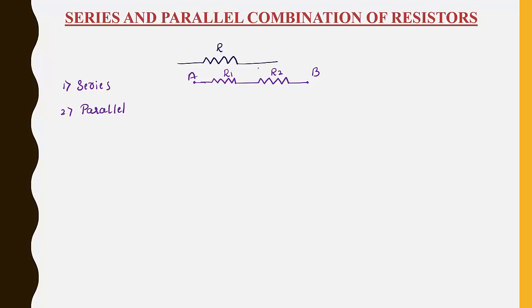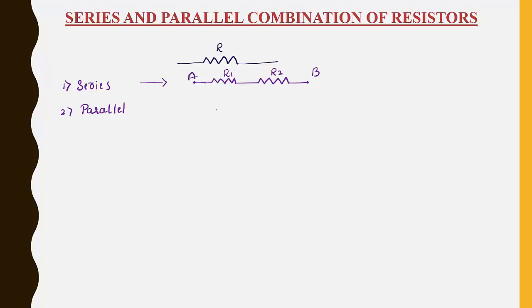If you want to reach point B, the charge should pass through both the resistors R1 and R2. Here, this is an end-to-end connection. If the resistors are connected end to end, then we can call it a series combination. Similarly, the second one is parallel combination.